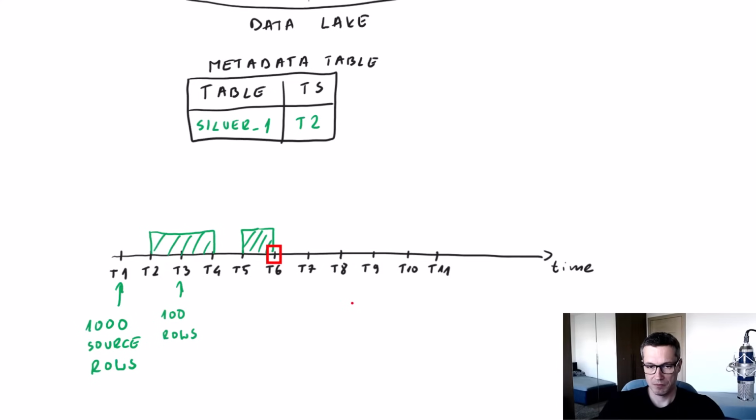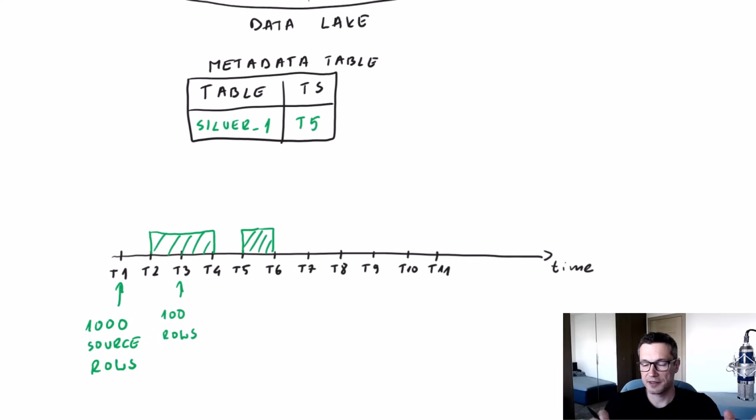Again, if the processing went fine, we've got to go to our metadata table and update the data here. So we've got to replace the timestamp with the timestamp of the start time of our processing, which is T5 in our case. So let me modify it.